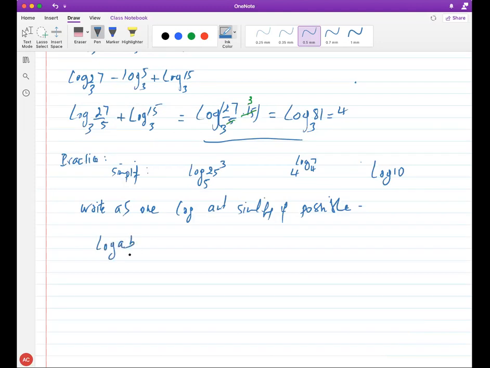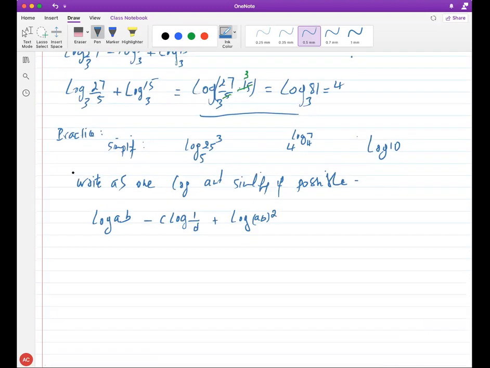Log AB minus C log, okay, and simplify if possible.